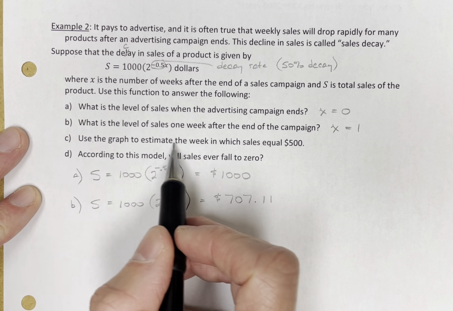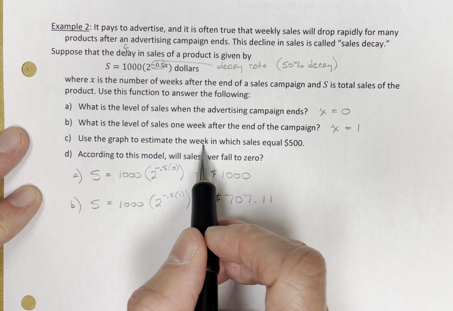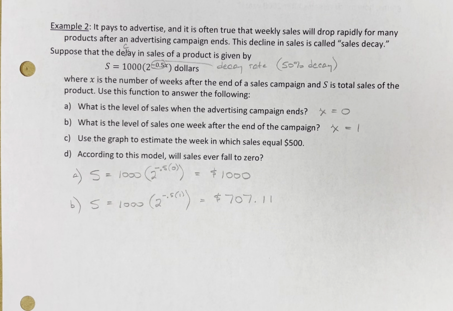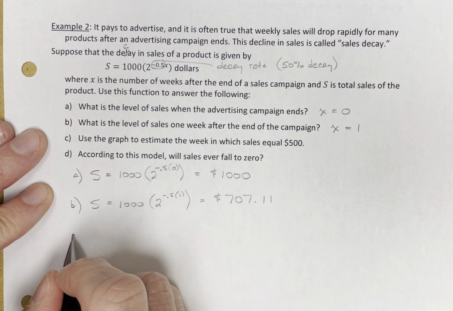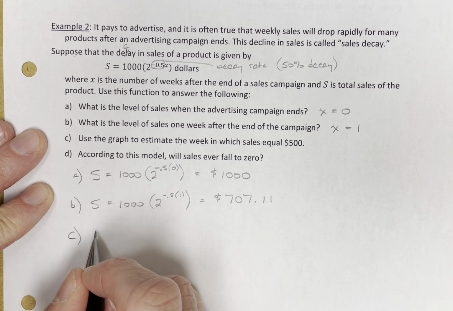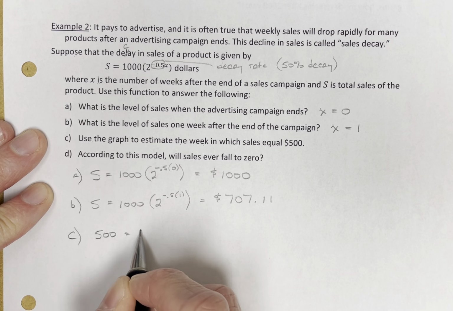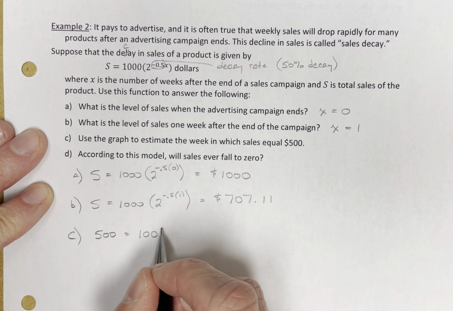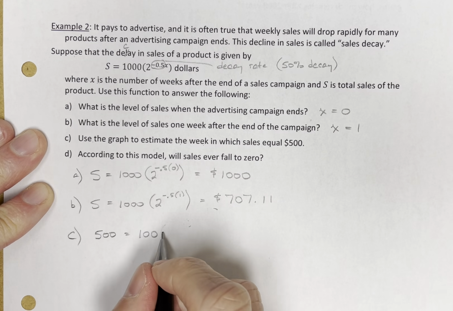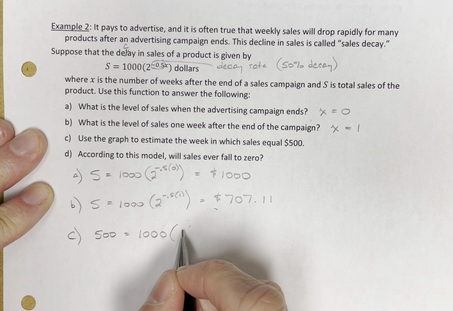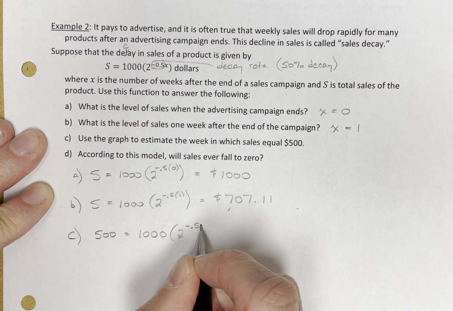Letter C, use the graph to estimate the week in which sales equal $500. So we want to know our sales is 500, and we want to know what is x. Here is our equation, negative 0.5 times x.